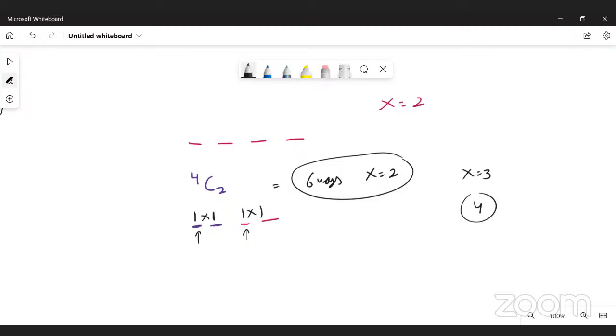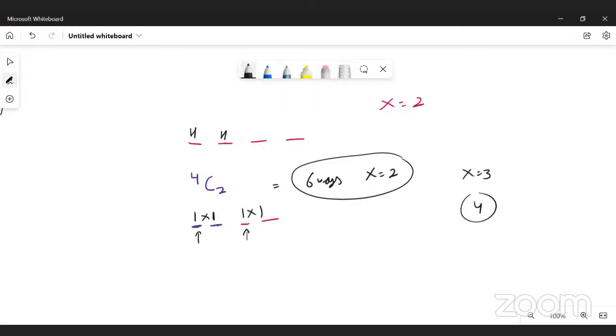4C2 is 6, right? Head, tail, head. I think it should work.